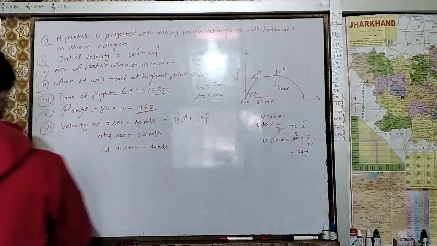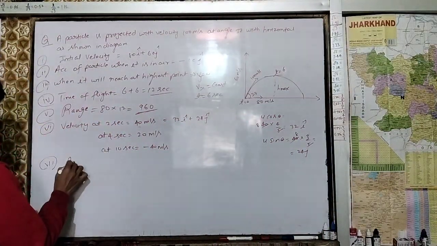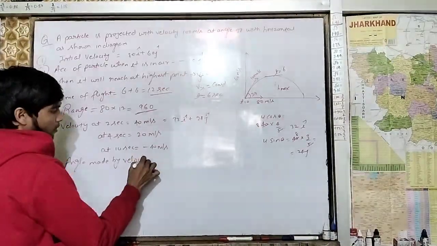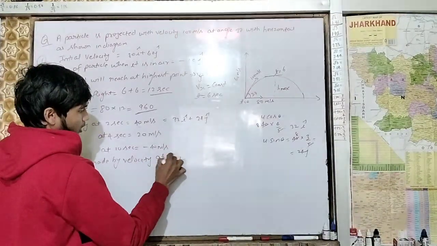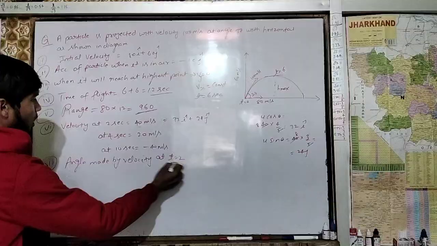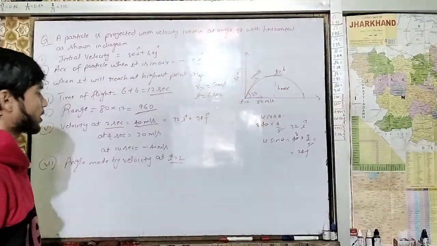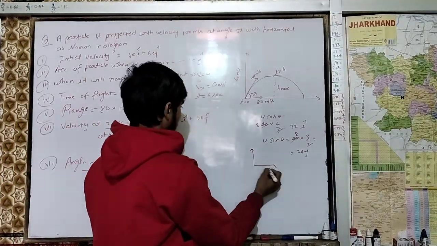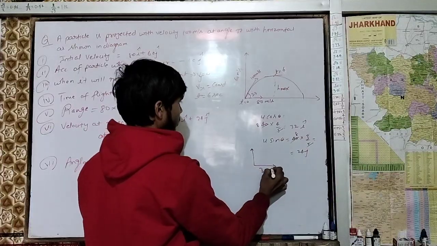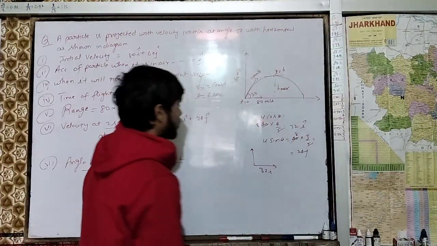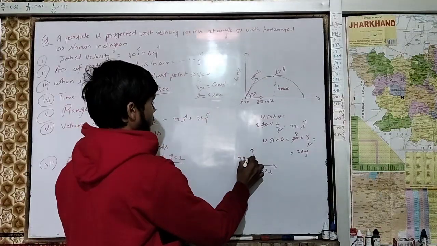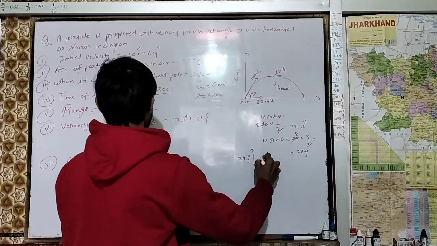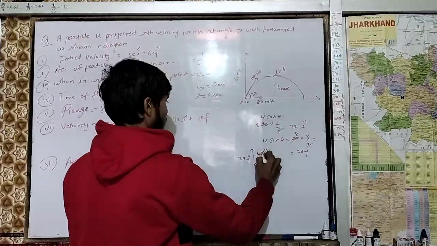Now next, angle made by velocity at 2 second. You are familiar with this 2 second. At 2 second, our velocity is 40 meter per second. It is asking what will be the angle. This is our 32 and this is our 24, and this is our 40 meter per second.